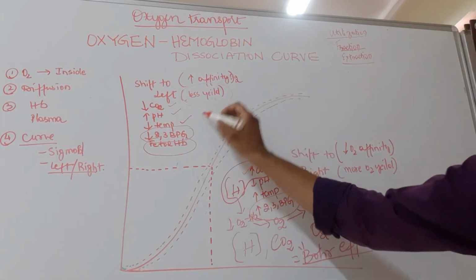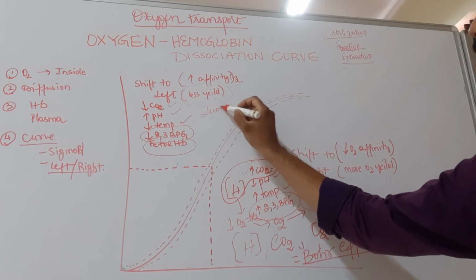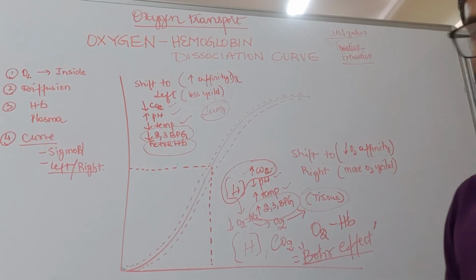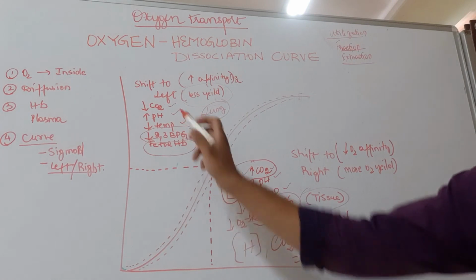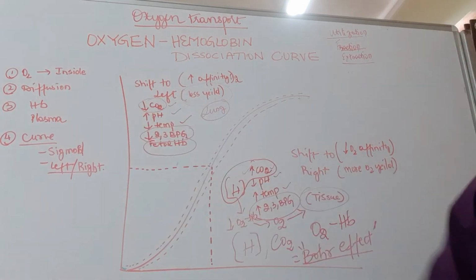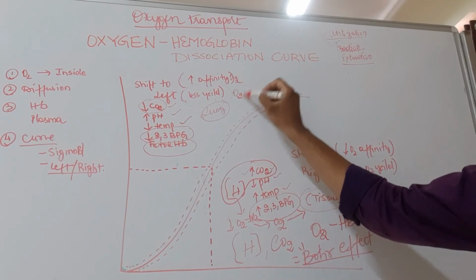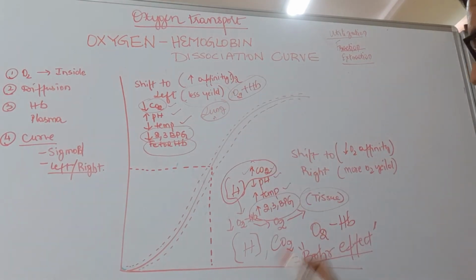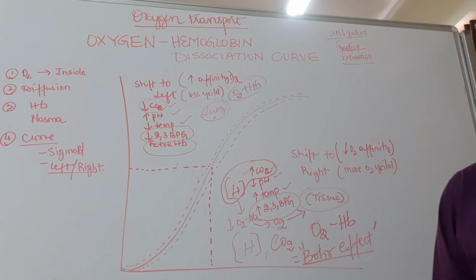At the lung level, the opposite happens. The concentration of carbon dioxide and hydrogen ion is lesser, which is most important for the binding of oxygen to the hemoglobin at the lung level. This is explained by Bohr, and the effect is called the Bohr effect.